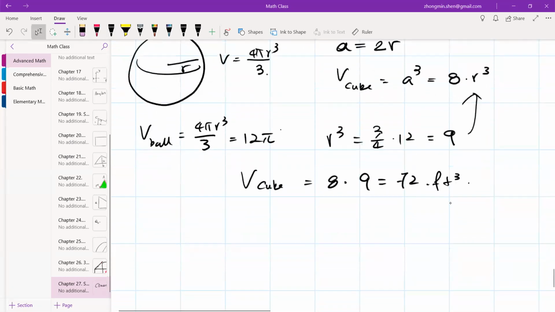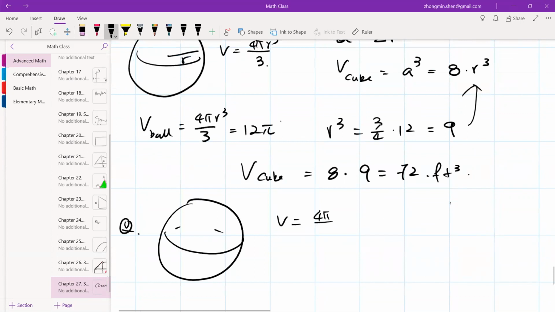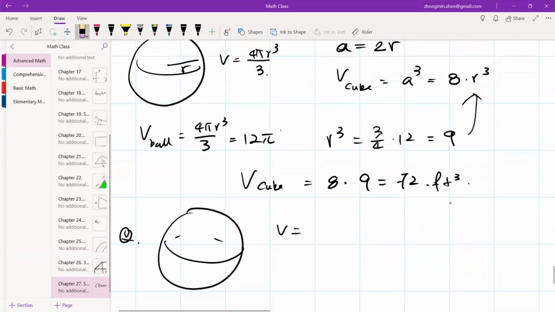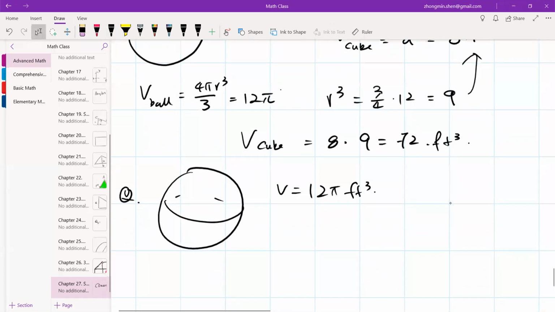Okay. Now, I'm going to ask you to do another problem, but this time the volume of the ball is given as 12 pi cubic feet. And the cube is inscribed in the ball.